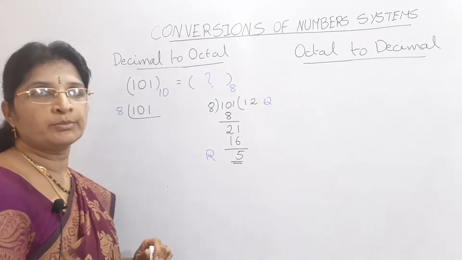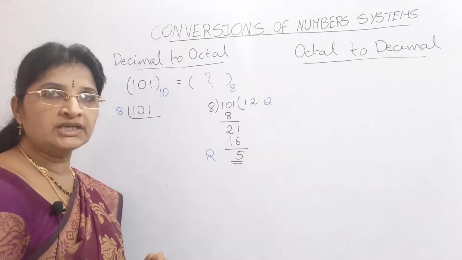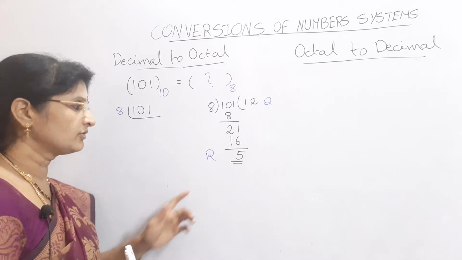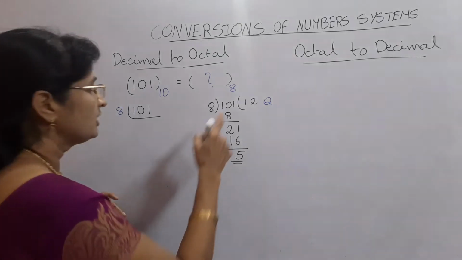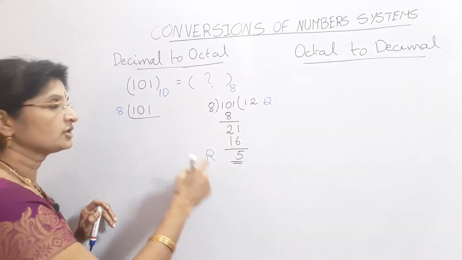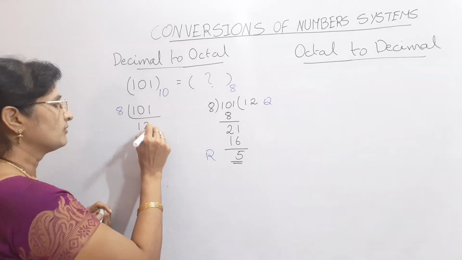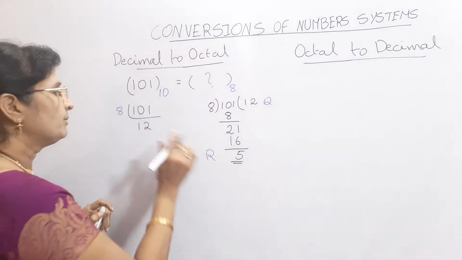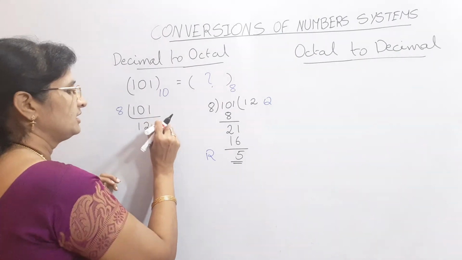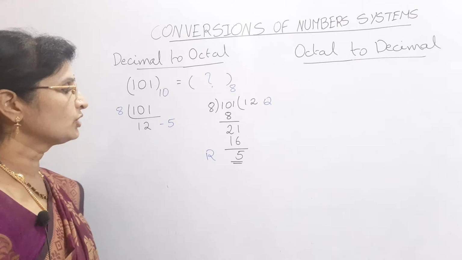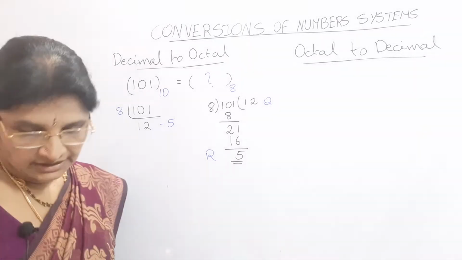So here you have to place the coefficient, that is 12, and the remainder must be placed here, that is 5. This is how you can perform integer division.